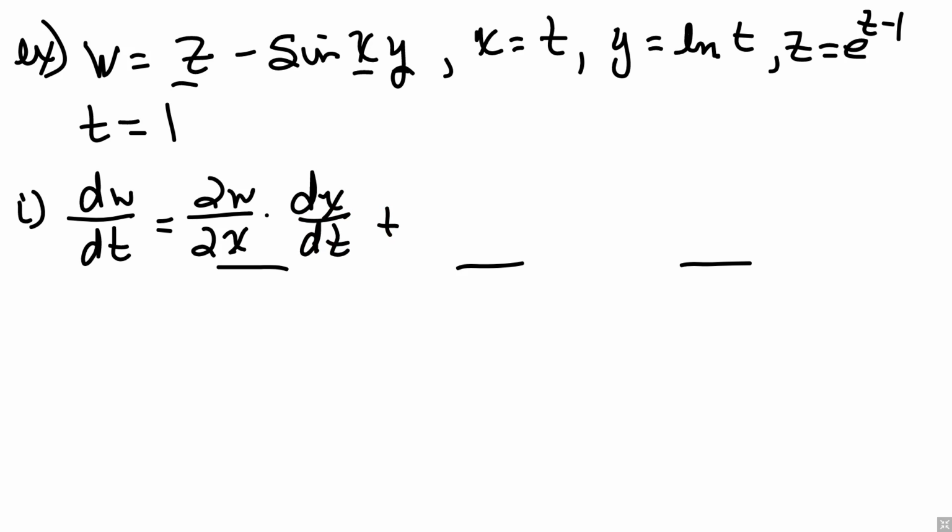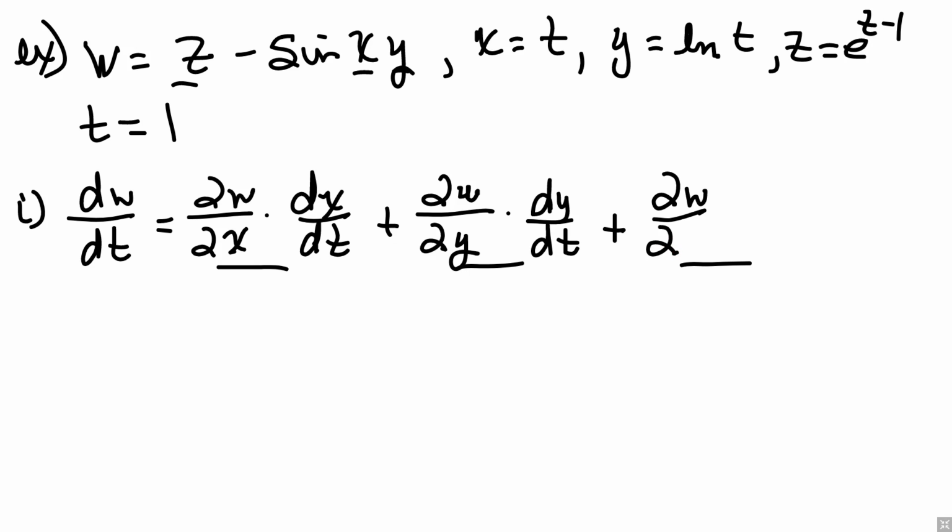And we're going to add the partial of w with respect to y, and we're going to multiply that by what? dy dt. Plus, and then last, the partial of w with respect to z, and we multiply it by dz dt.